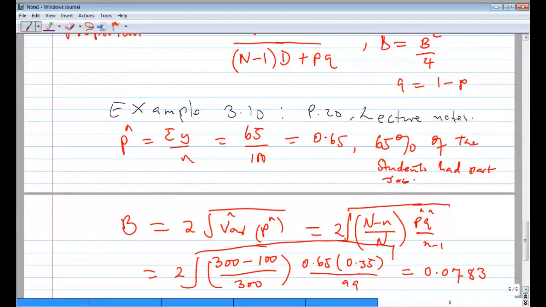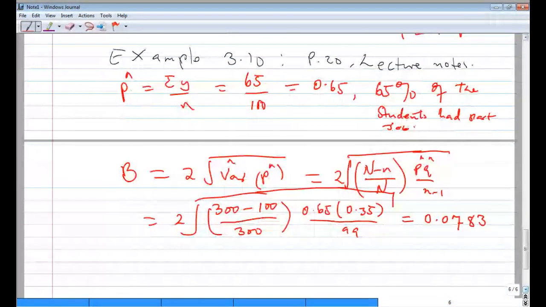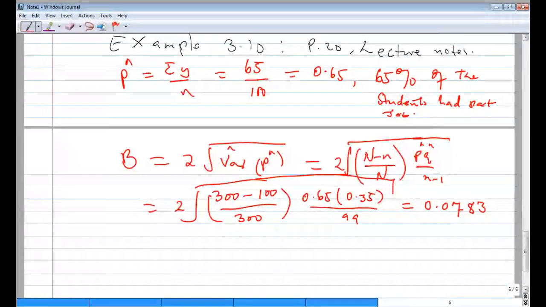Sir, why did we not use that equation? The estimated population proportion, not the estimated variance. It's from the example. If you check example 3.10, the question says estimate the population proportion of students.